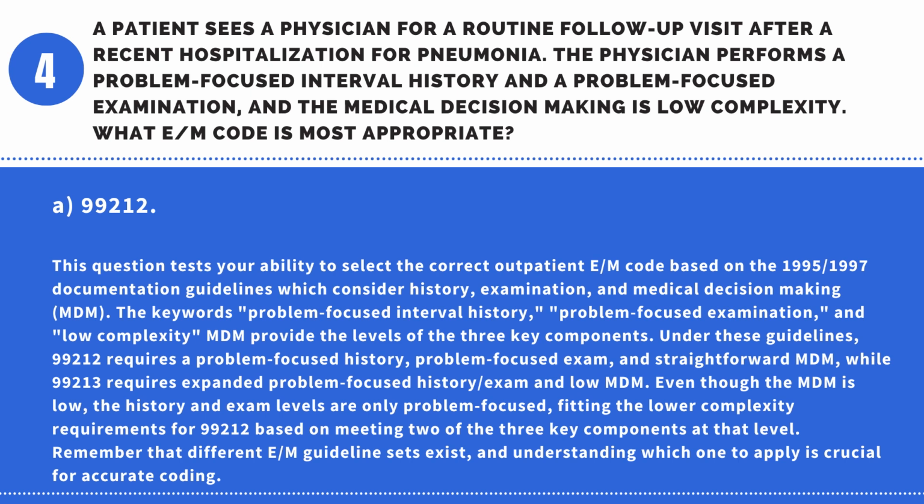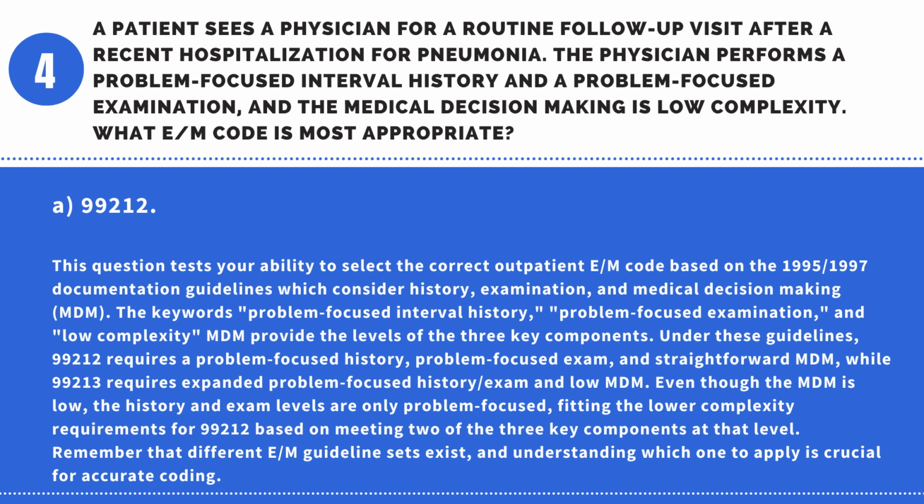Given the provided correct answer is 99212, the explanation must align with how 99212 is chosen based on the input. The only way to get 99212 with low MDM under 1995/1997 rules is if the history and exam are problem-focused and you choose based on the lowest 2 components met, or if the MDM is considered closer to straightforward in context, which isn't stated.